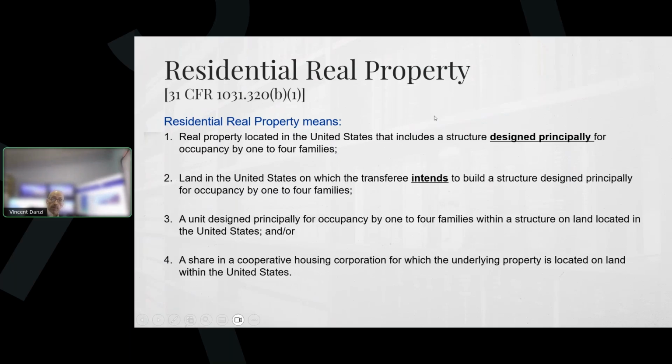One thing to keep in mind is where you have mixed properties, like a property with a storefront on the street level and then 3 or 4 condominium units above it. The transfer of each one of those condominium units would be reportable. But maybe the transfer of the entire property, the underlying commercial property in particular, would not be reportable.